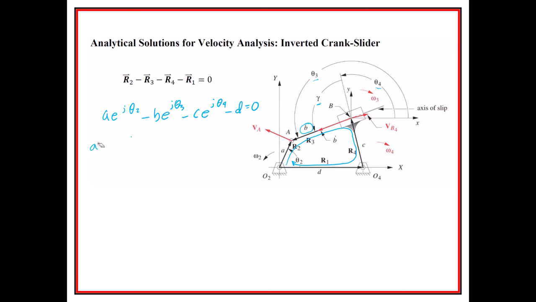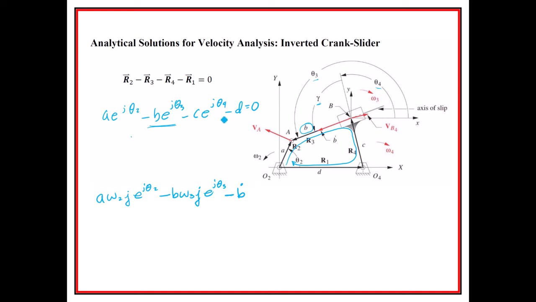Here is the real big difference. When we get to this term, we need to adjust. We have to take the product rule of it. So A ω2 j e^(jθ2) minus B ω3 j e^(jθ3). But now we have to go minus B dot. And is there a j?